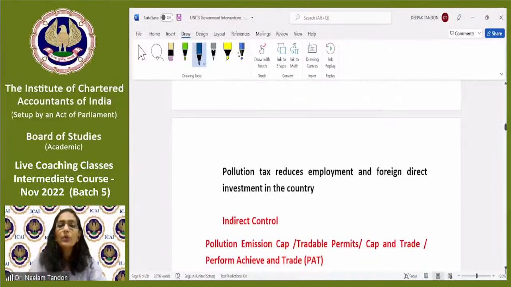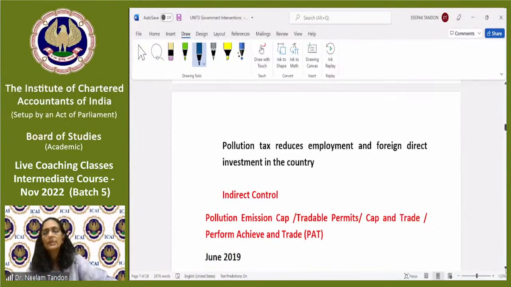And you understand, if you have higher pollution tax in India, suppose a foreign company wants to establish its unit in India, and you say that our pollution norms are this, and the moment you cross this limit, you will be liable to pay tax. So what happens? Foreign companies will be reluctant to invest in India because they feel that they can start in another country where there will be less taxation and they can get benefit through that. So why will they go for investing in India?